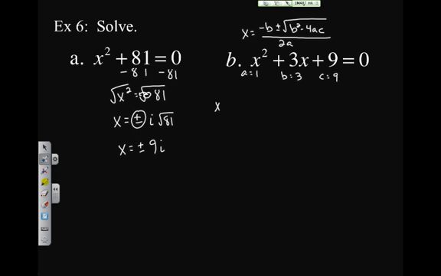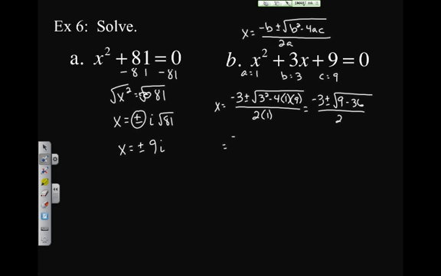So x equals negative 3 plus or minus square root of 3 squared minus 4 times 1 times 9 over 2 times 1. That gives us negative 3 plus or minus square root of 9 minus 36 over 2, which is negative 3 plus or minus square root of negative 27 over 2.